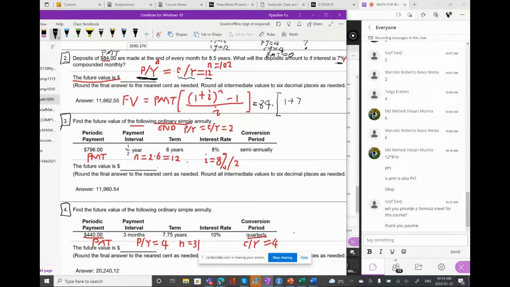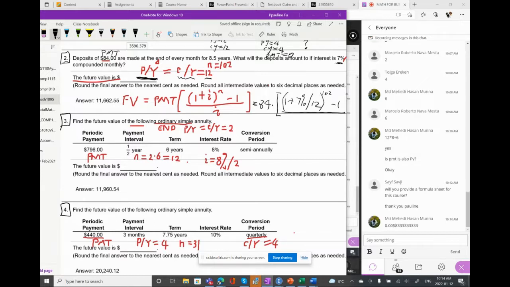So I is 7% divided by 12 because it is compounded monthly. I is 7% divided by 12 raised to power n. N is 102. Okay, minus 1. And then divided by I is 7% divided by 12, closing bracket.